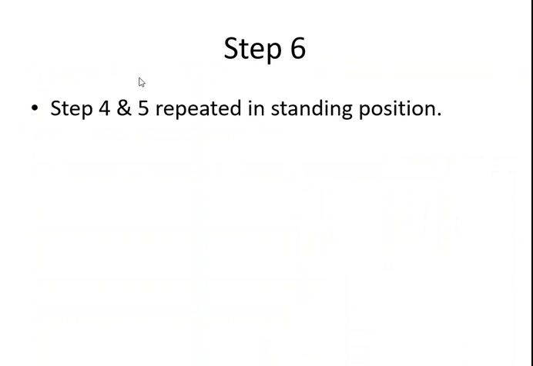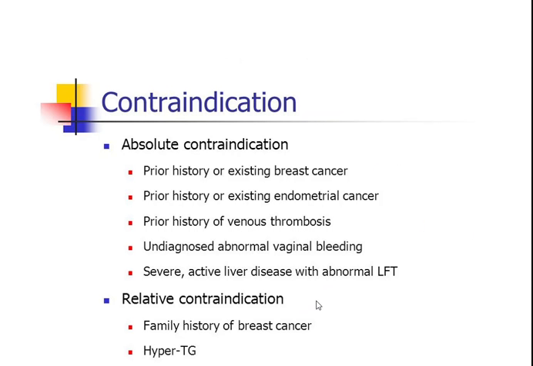Step 6 is nothing but the repetition of 4 and 5 in the standing position. Next, contraindications, in which situations it is not to be done. A prior or existing history of breast cancer. Means if any woman has a history of breast cancer or endometrial cancer, then they don't need to perform a breast self-examination. Any prior history of venous thrombosis, then it must be contraindicated.